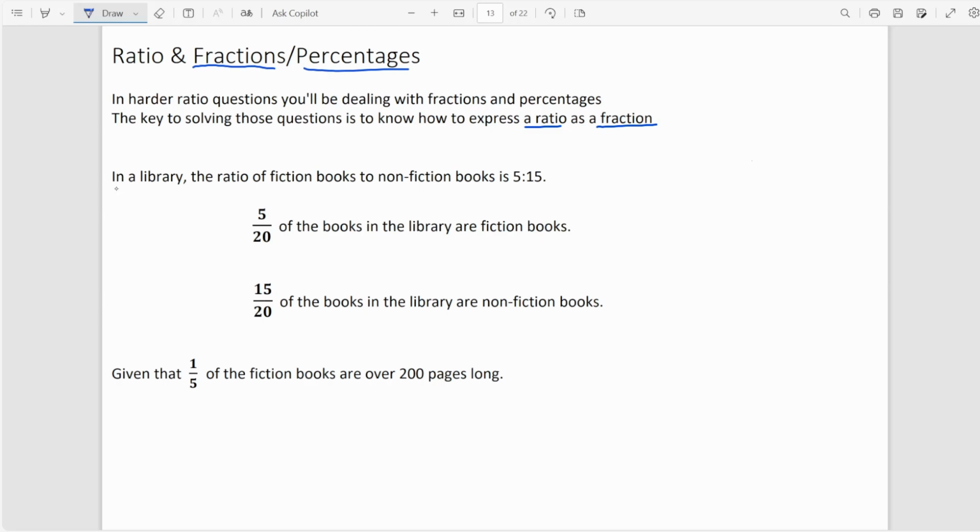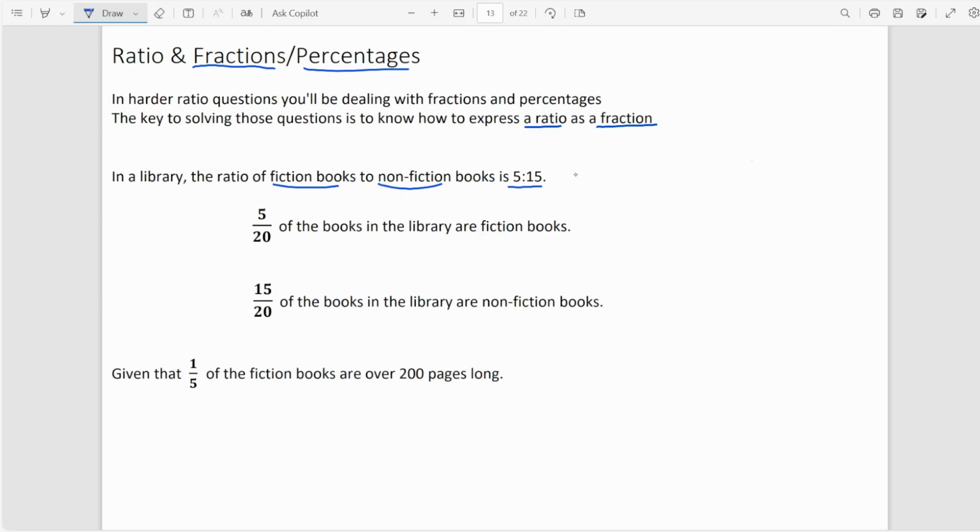So, for example, in a library, the ratio of fiction books to non-fiction books is 5:15. So this means that 5/20 of the books in the library are fiction books, and 15/20 of the books in the library are non-fiction books. Now, how did we get those fractions?